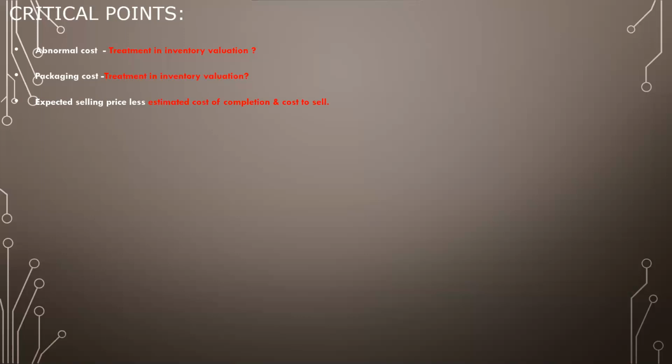Now, expected selling price, again, is a very interesting topic. It differs with the situation, though the definition is fairly simple. It is the net realizable value which an entity is estimating to receive. So what is critical at that point in time is how do I arrive at that value?